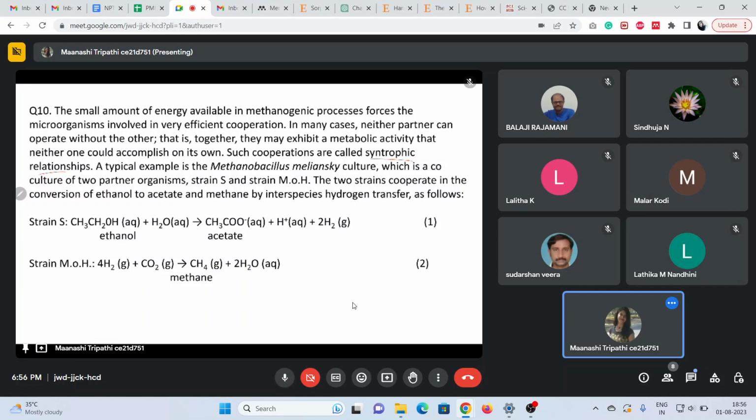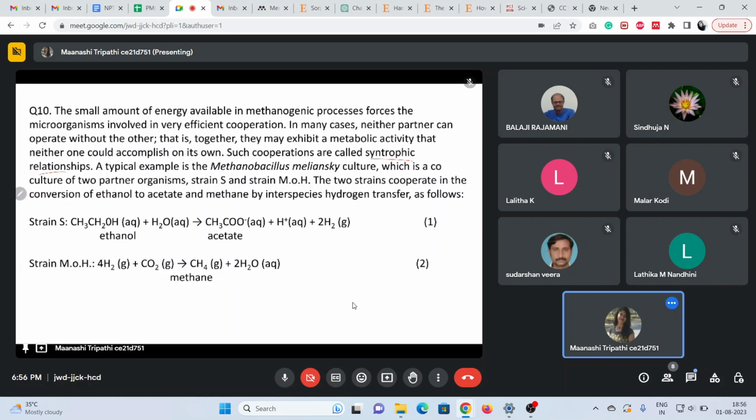We'll see that later. A typical example is the Methanobacillus omelianskii culture, which is a co-culture of two partner organisms, strain S and strain MOH. They cannot work alone; they have to work together for this syntrophic culture. The two strains cooperate in the conversion of ethanol to acetate and methane by interspecies hydrogen transfer as follows.